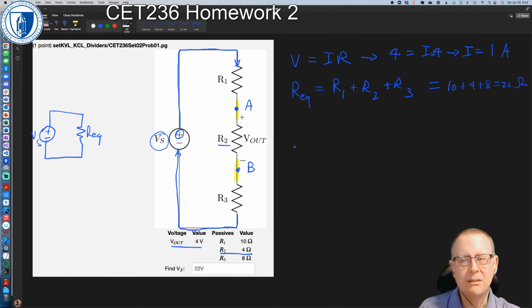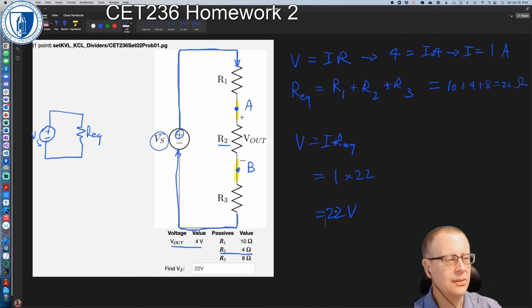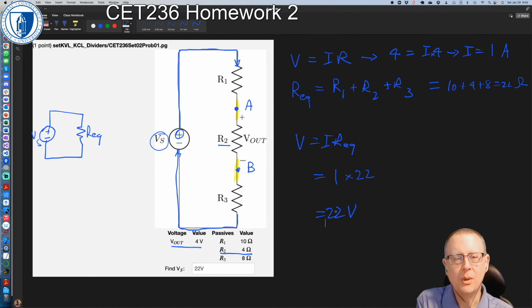So again, I can use V equals IR, but this time I know my current is 1, and the resistance is REQ, which is 22 ohms. So 1 amp times 22 ohms gives me my 22 volts.